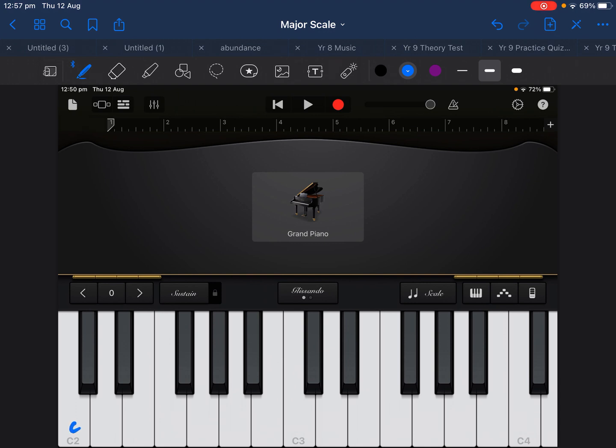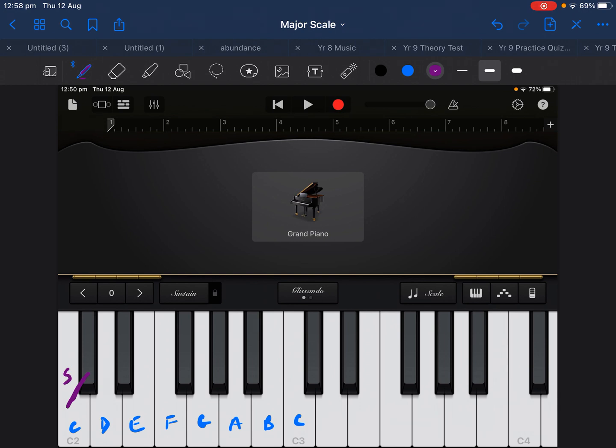And this is C, D, E, F, G, A, B, C. They're effectively the notes of the scale. A semitone is the shortest distance between notes. So when we're reading up the keyboard, between C and this black note here, that's a semitone.